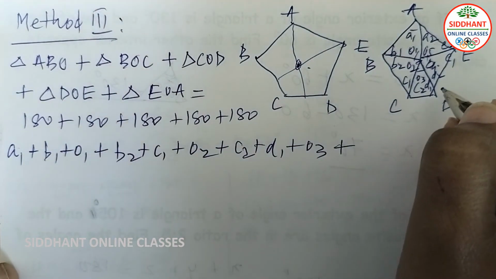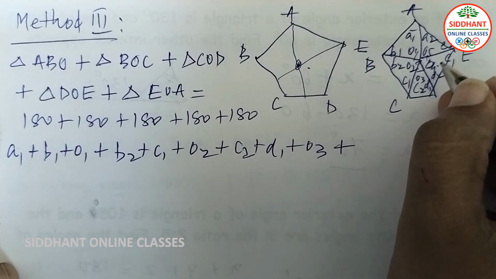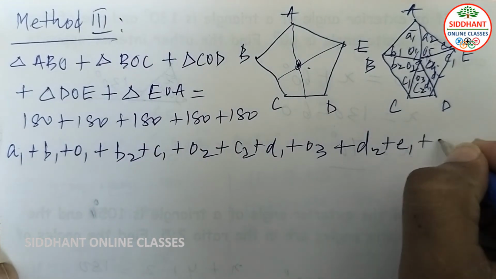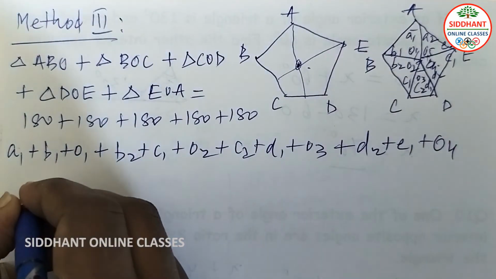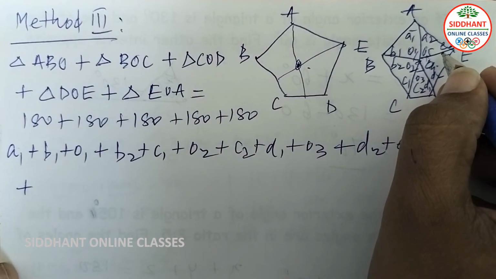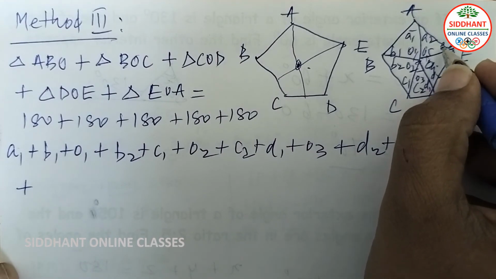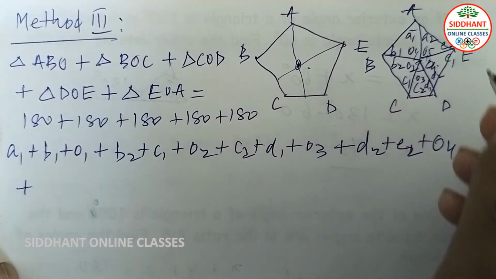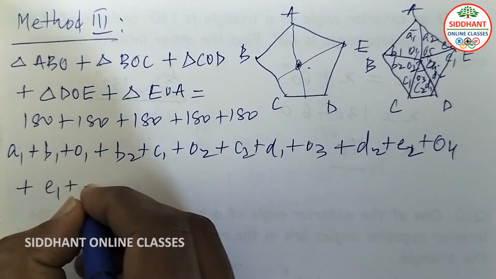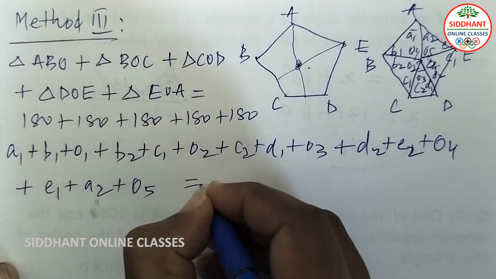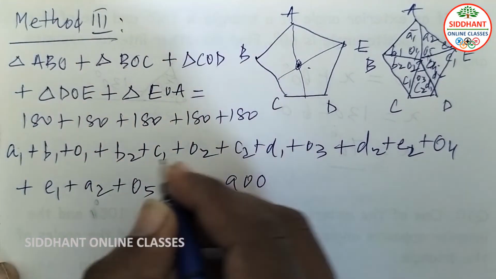Next D2 plus E1 plus O4. Next E2 plus A2 plus O5, which is equal to 900 here.